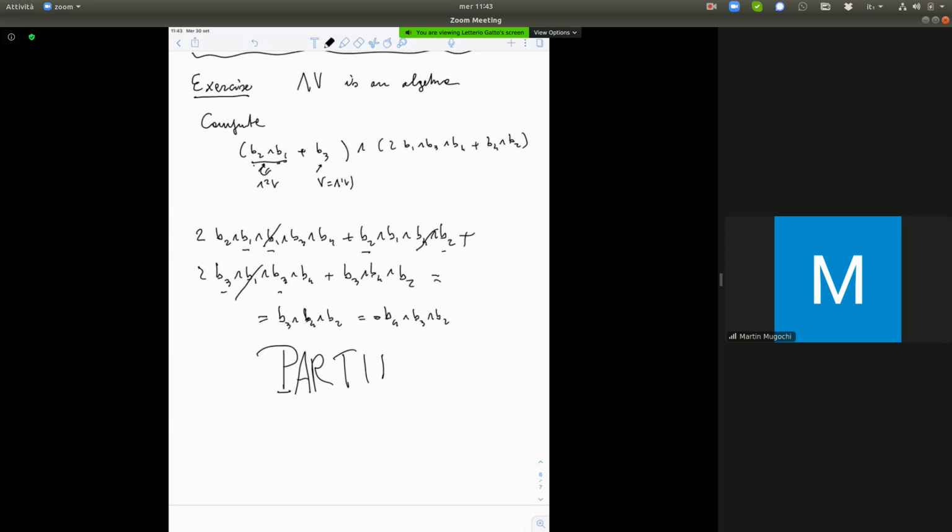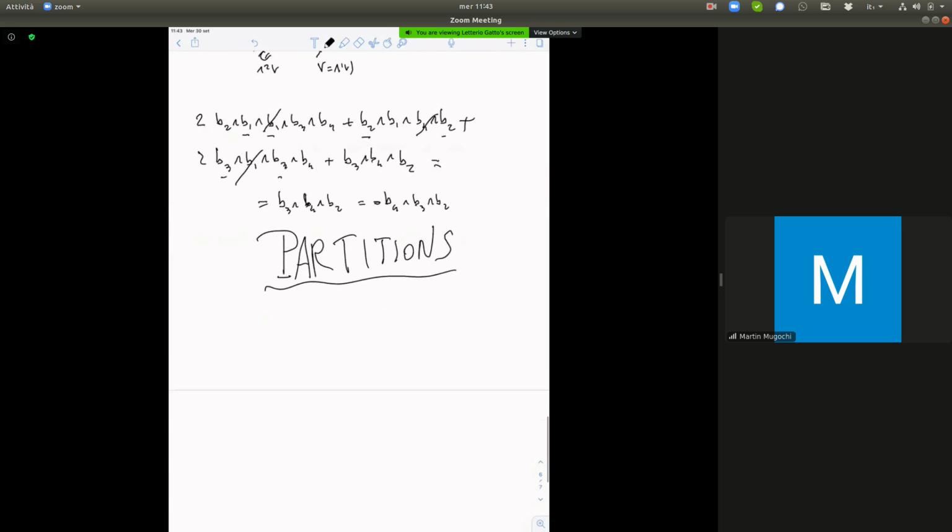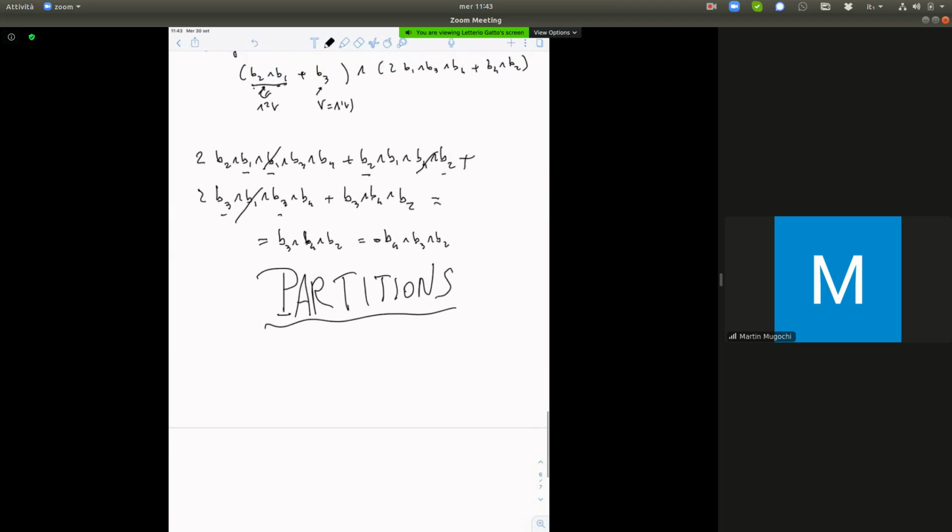Partitions. What is a partition? A partition is a very easy definition.